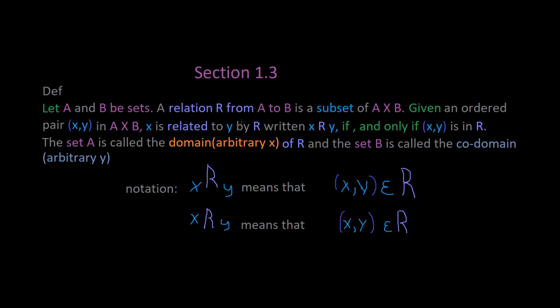And so all that really means is, we're going to have this notation that says we have an ordered pair (x, y) that's an element of R, which is going to be the relation to our function.